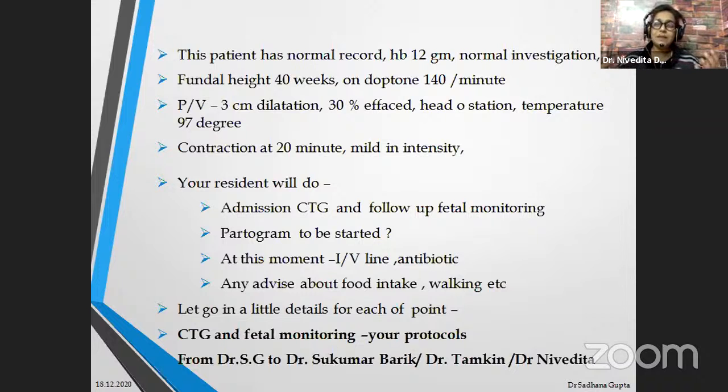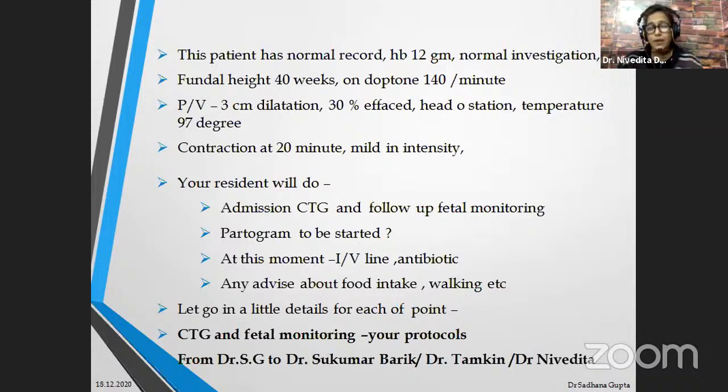Actually, since you've already mentioned it, I'm working in a resource constrained setting. So I do not do admission CTG routinely for all my patients. For low risk patients, I do not do admission CTG.